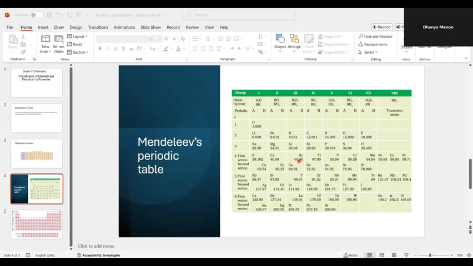Mendeleev predicted gallium and germanium and described their properties, and later these elements were discovered. So these were some of the merits or advantages of Mendeleev's periodic table.